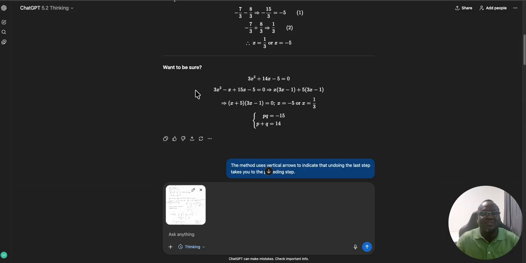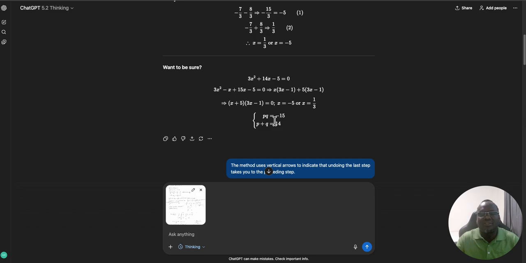And then it says, okay, you want to be sure you can solve it the normal way of solving quadratic equations. So this is plus 14, but we have a coefficient of 3 and negative 5 here.